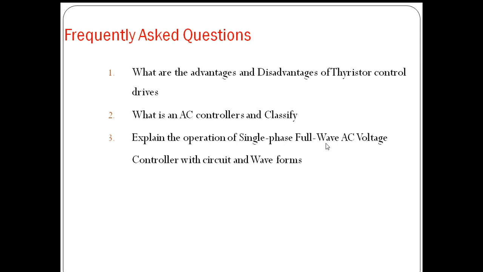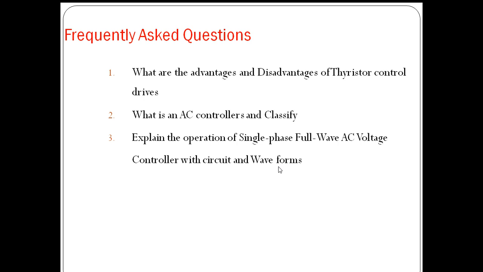Explain the operation of single phase full wave AC voltage controller with the circuit diagram and waveforms. First of all, you have to write what is AC voltage controller. Then you have to draw the circuit diagram for single phase AC voltage controller, and you have to represent it with two thyristors, very important, in anti-parallel connection.